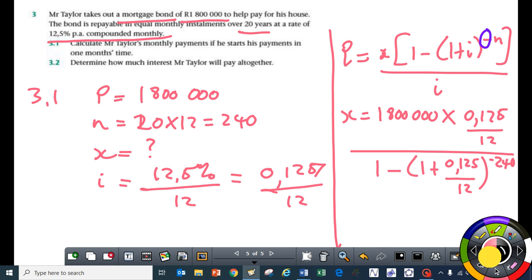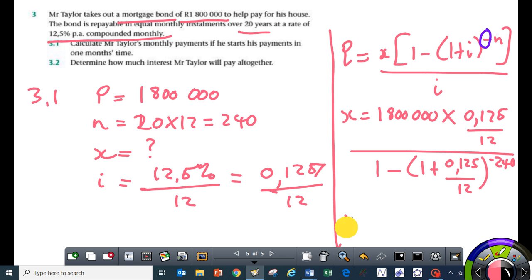Okay, like that. And then you simplify. It will be 20 what? So that person will pay 20,450 rand and 53 cents per month. That's per month, for 20 years.